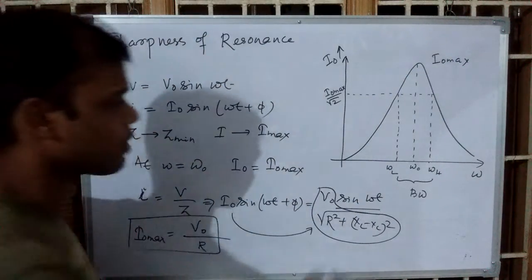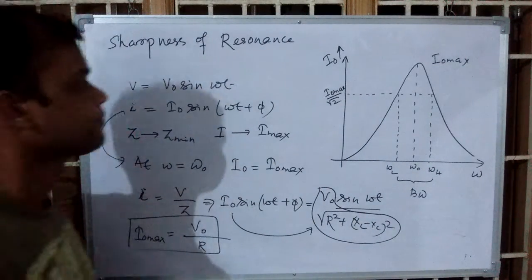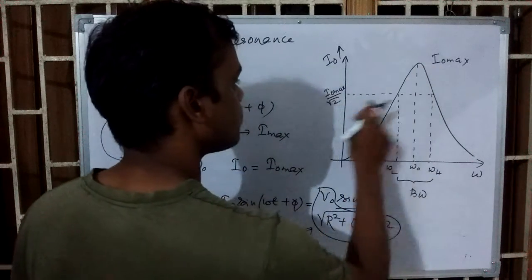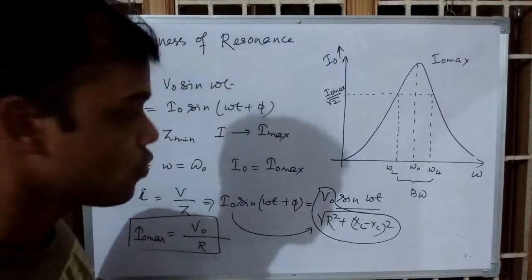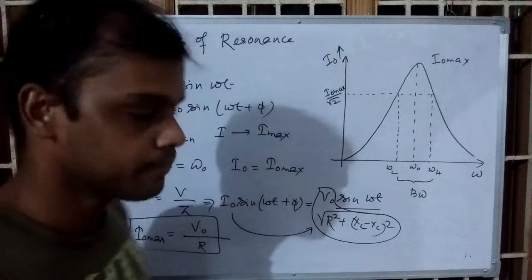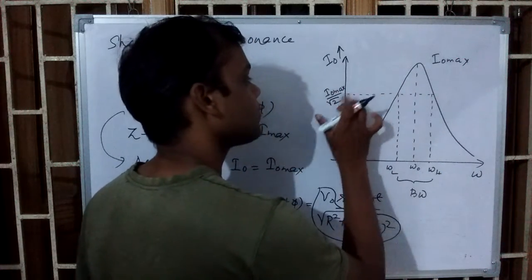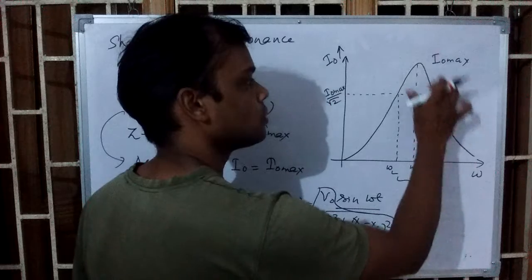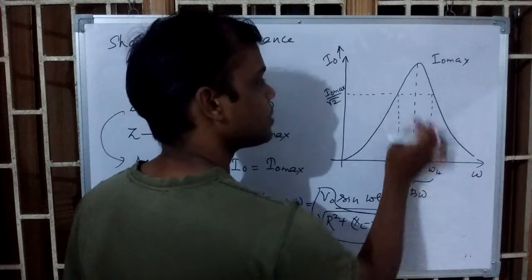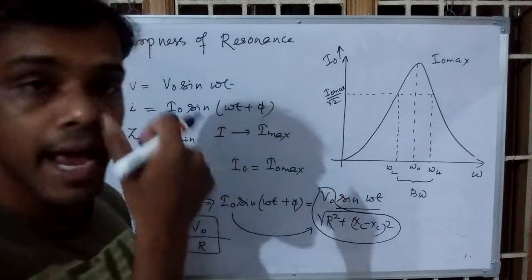Okay. Now what about these two frequencies, omega L and omega H? Let us try to understand. Omega L is the frequency where I naught becomes I naught max by root 2, and omega H is also another frequency at which the value is the same. This range of frequency over which the value is always above I naught max by root 2 is called bandwidth.